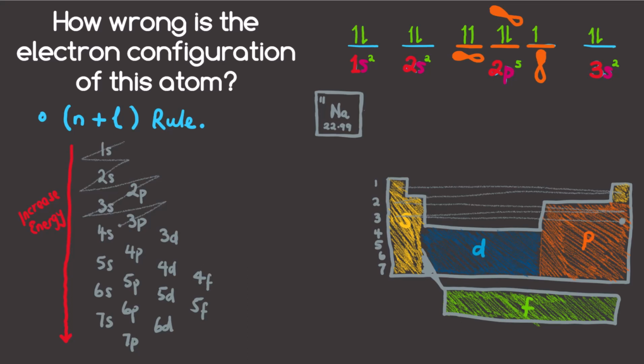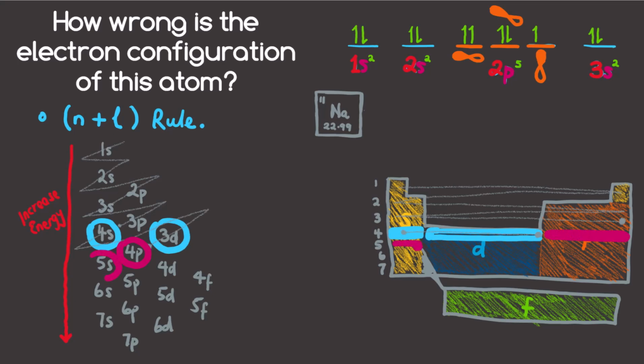Therefore, the subshell with the lower energy is filled first, and this is applicable when it comes to the 4s and then to the 3d.